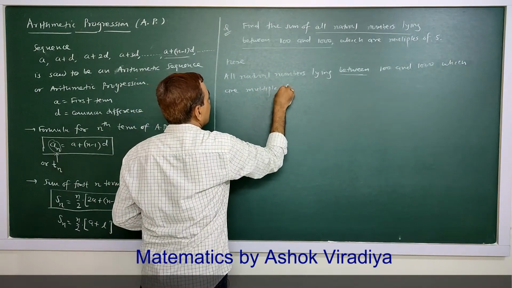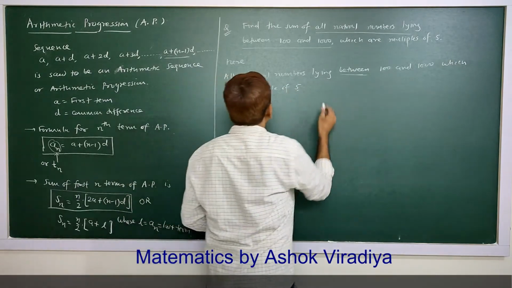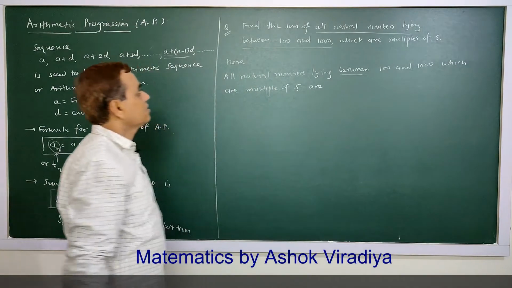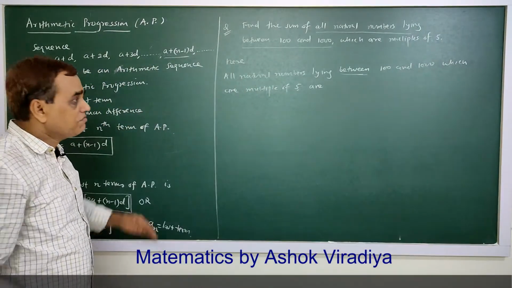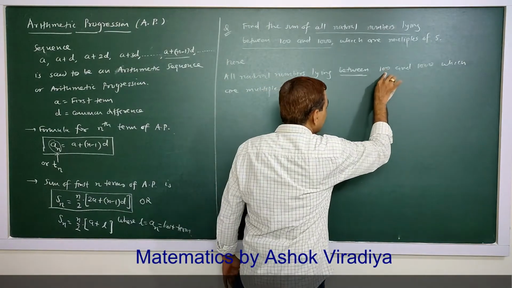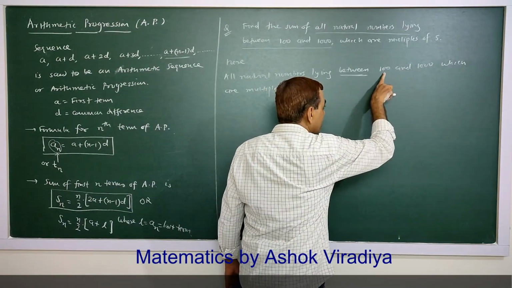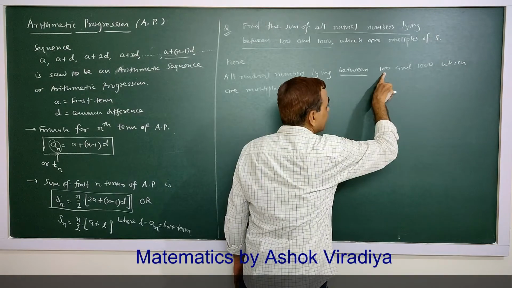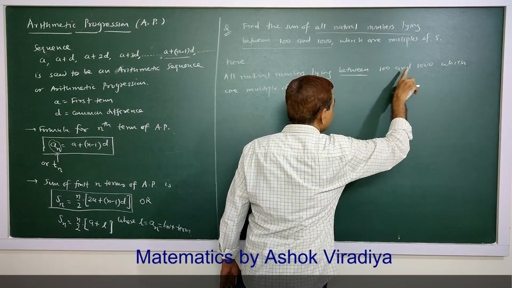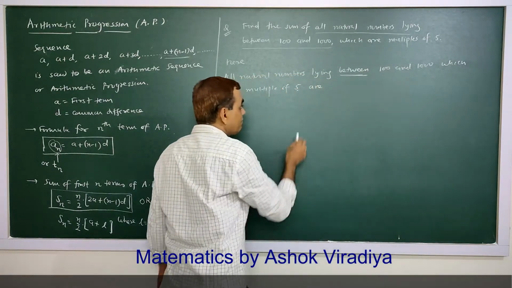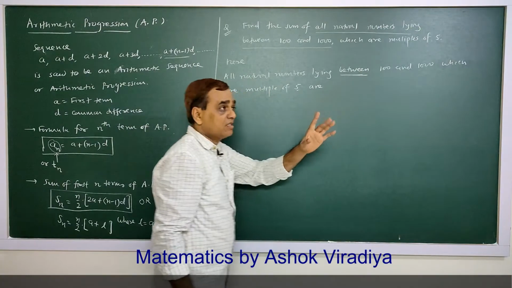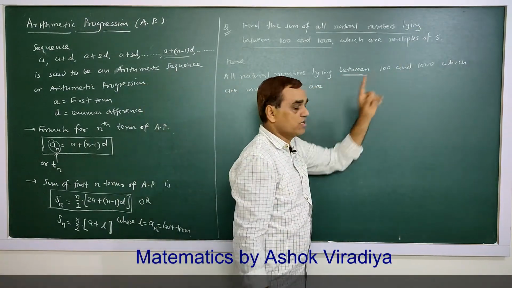So if we keep list of numbers, then because word is between 100 and 1000, so don't include 100, don't include 1000, even though these are multiples of 5. We want multiples of 5 between 100 and 1000.